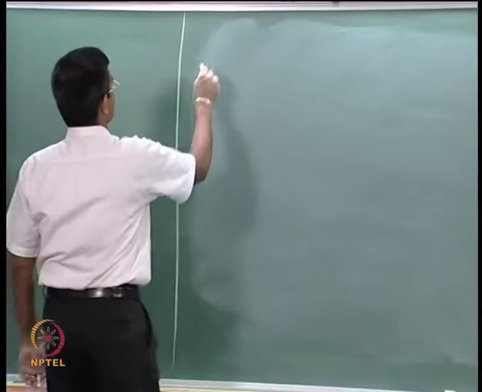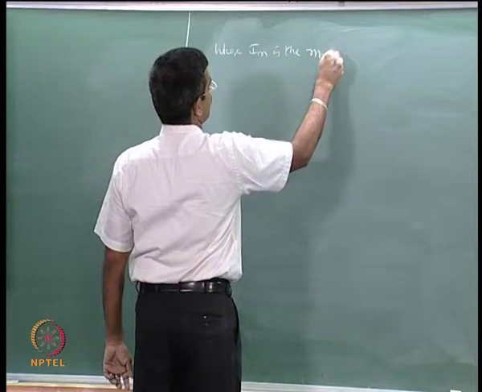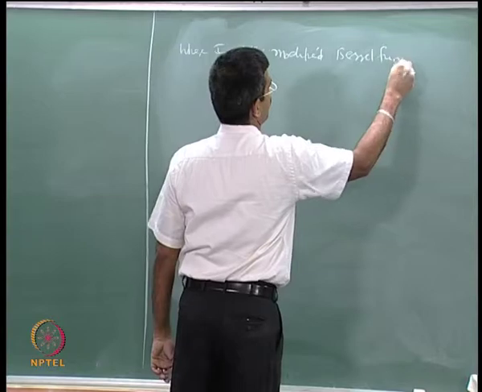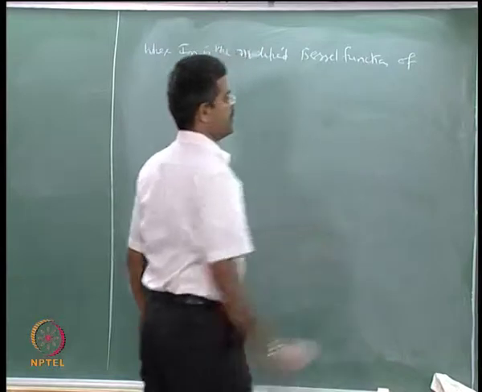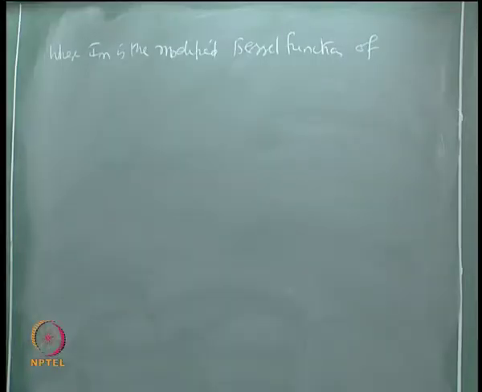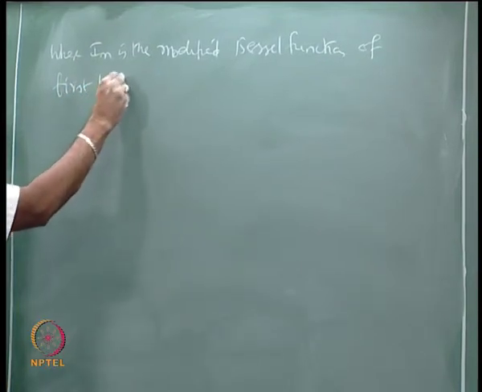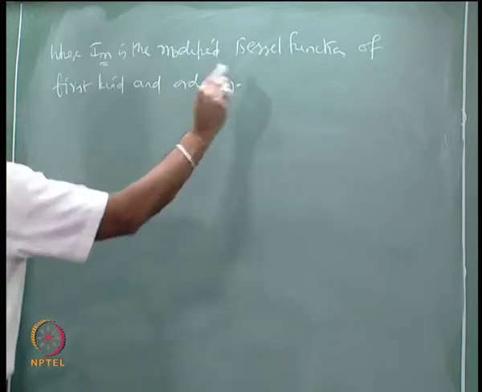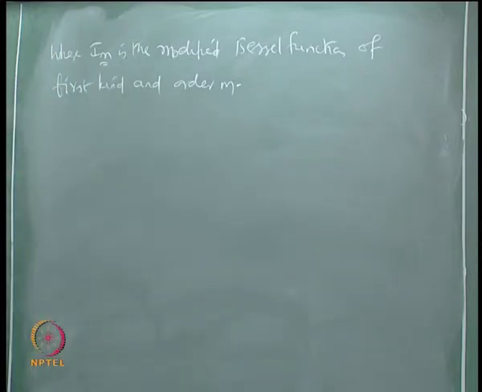Where Im is the modified Bessel function of first kind and order m, that is it is called Im. There are some alphas and betas required in your arguments.